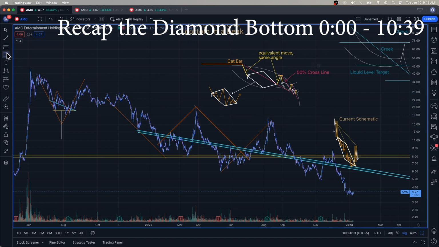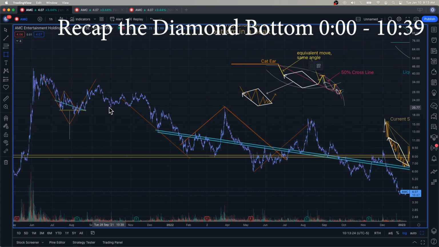But here's the thing. When we were back in this region studying this particular diamond bottom, we noticed that some really interesting things happened. So number one was the offset value. This is just a quick recap, just to remind you.